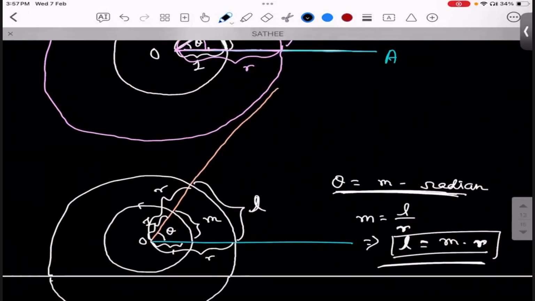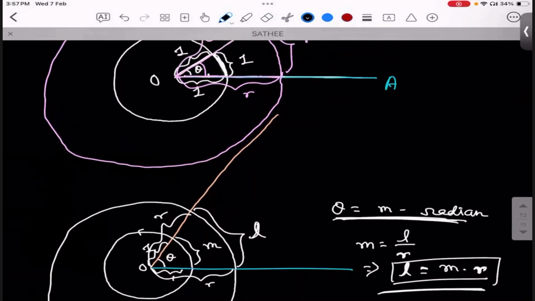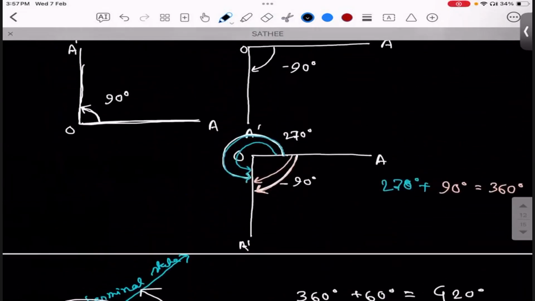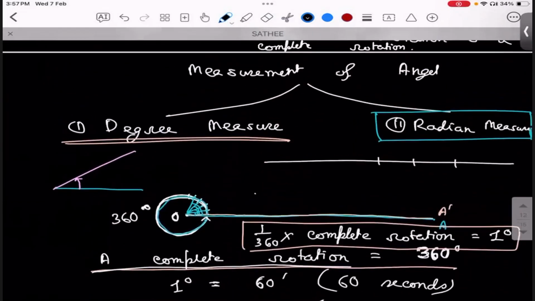Okay, so till now we are aware of the radian and we are aware of the degree measure.